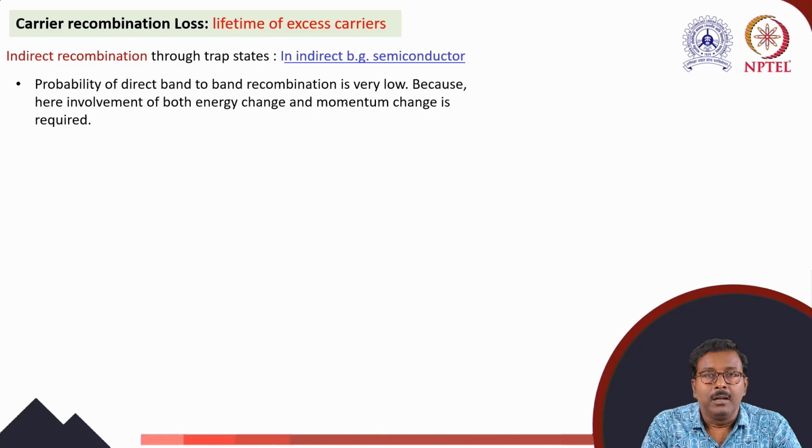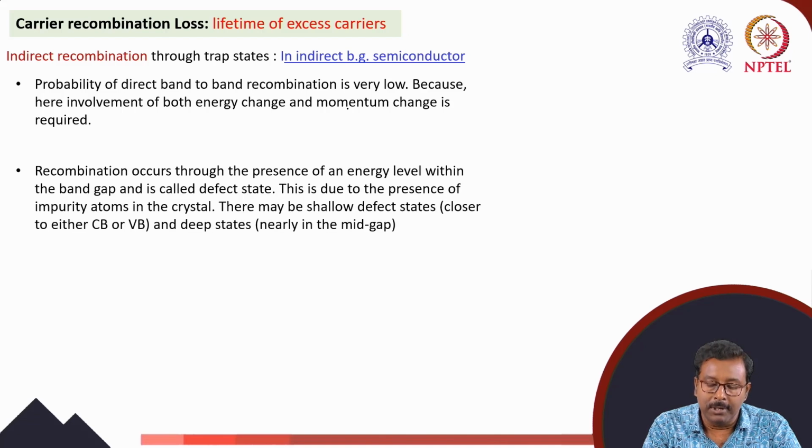So valence band maxima may lie at k equal to 0, but conduction band minima does not lie at k equal to 0, but at a different k. So for direct band-to-band recombination, conservation of energy as well as conservation of momentum are required, which is less likely. That's why we consider no direct band-to-band recombination takes place in case of indirect bandgap semiconductor.